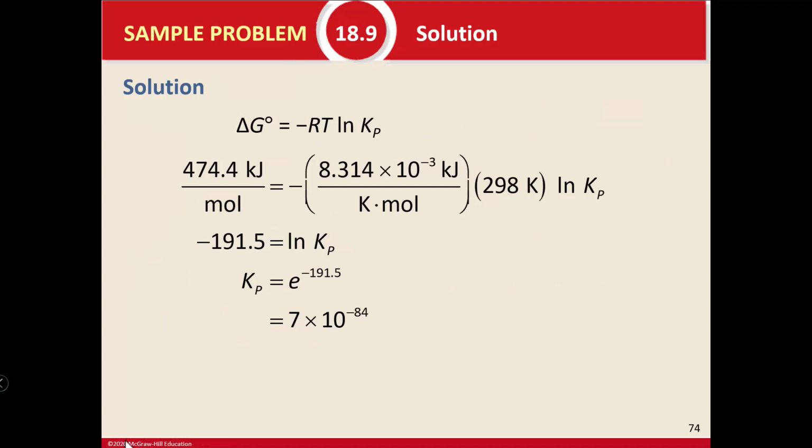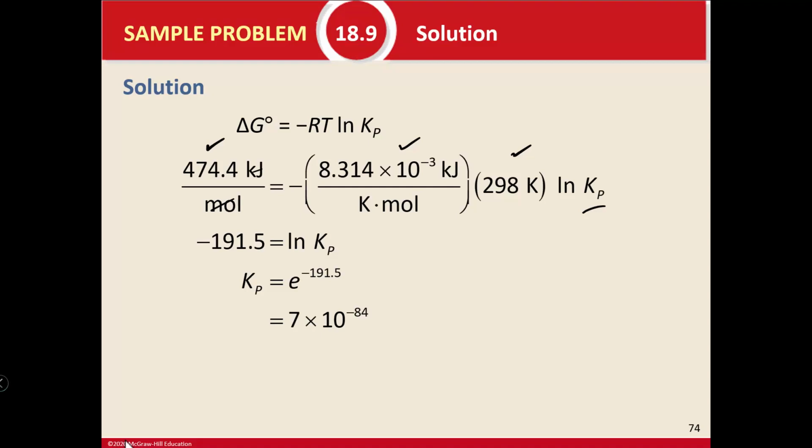Here's what we have. There's my delta G I just calculated directly. Here's my R, here's my T, and I'm solving for this. So first thing I do is divide 474.4 by 8.314 times 10 to the negative 3 kilojoules per Kelvin mole. The kilojoules per mole will cancel out, and then I divide by 298, so the kelvins will cancel out.